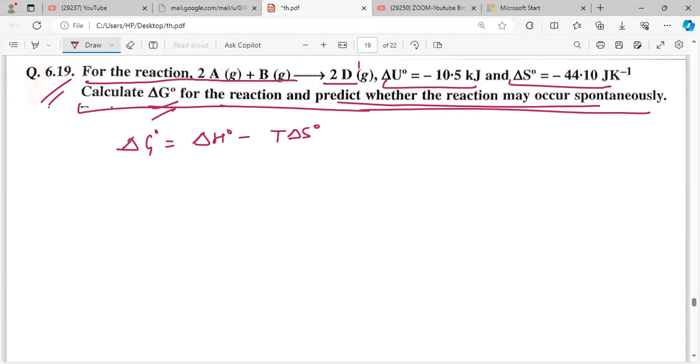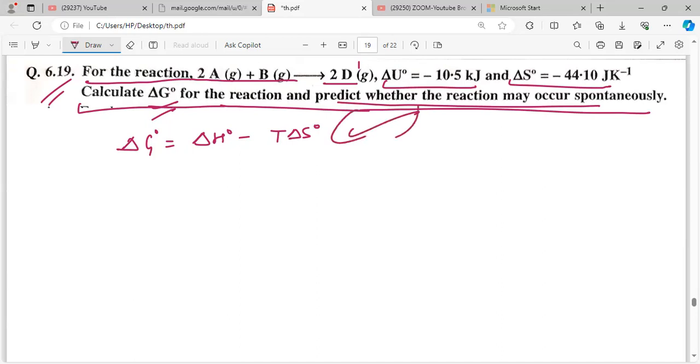For the reaction 2A plus B giving 2D gas, delta U is this one. Calculate delta G naught and predict whether the reaction occurs spontaneously or not. At what temperature, they did not mention, now? No, sir. Temperature isn't mentioned. And H is also not given.